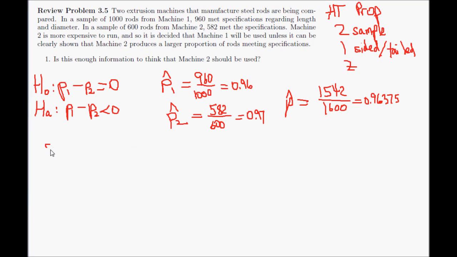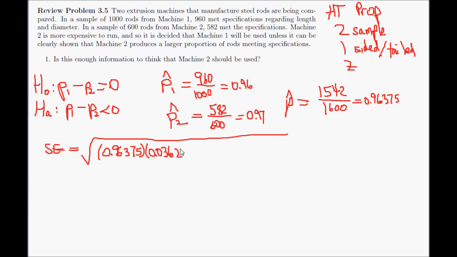So the standard error that we'll need for this difference of two proportions is equal to the square root of 0.96375 times 0.03625 times 1 over the first sample size plus 1 over the second sample size.